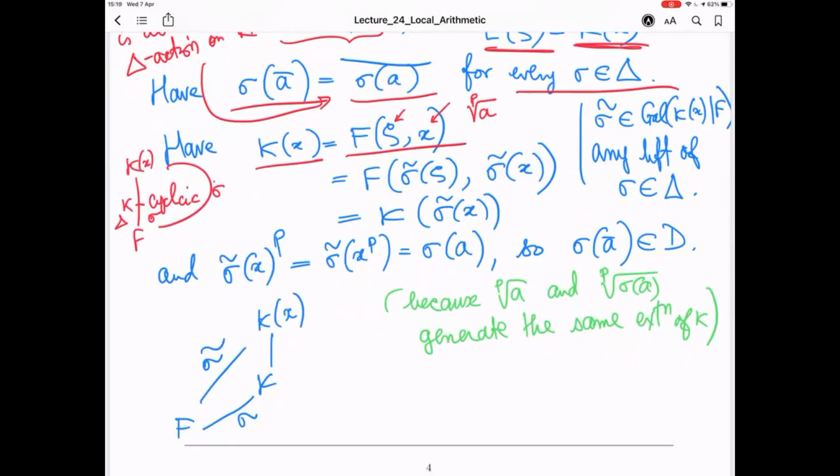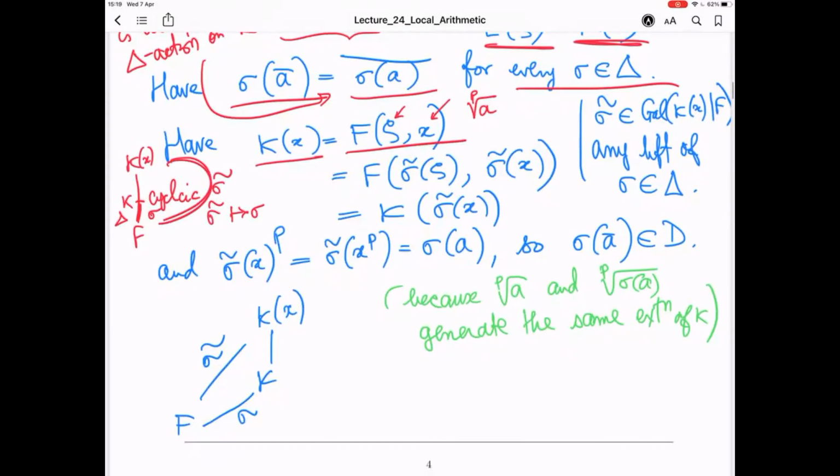So I can choose an F automorphism sigma tilde of K(x) which maps to sigma, because delta is a quotient of this Galois group. So for every lift sigma tilde, K(x) is stable under the action of this sigma tilde.